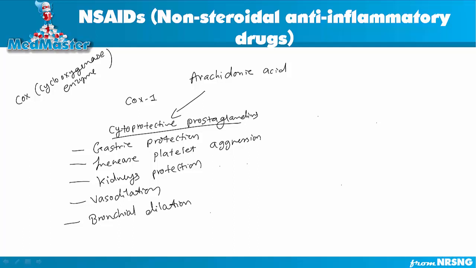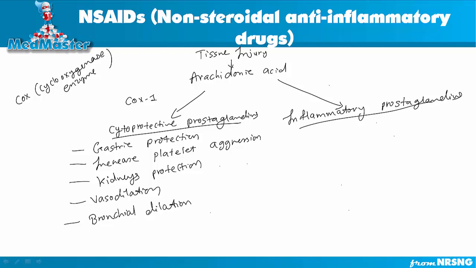Now, whenever there is a tissue injury in our body, anywhere, this arachidonic acid will be converted into the inflammatory prostaglandins by COX-2, which is cyclooxygenase enzyme 2. Now, what does this inflammatory prostaglandin do?